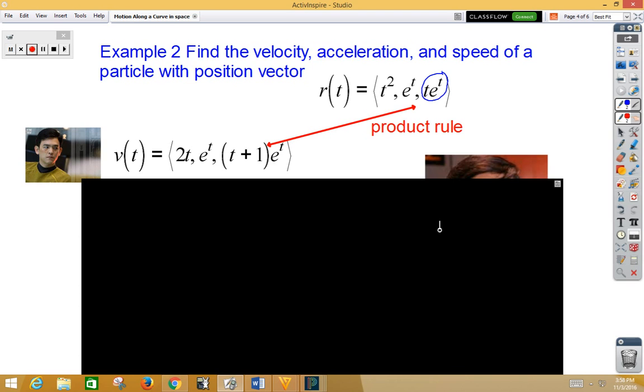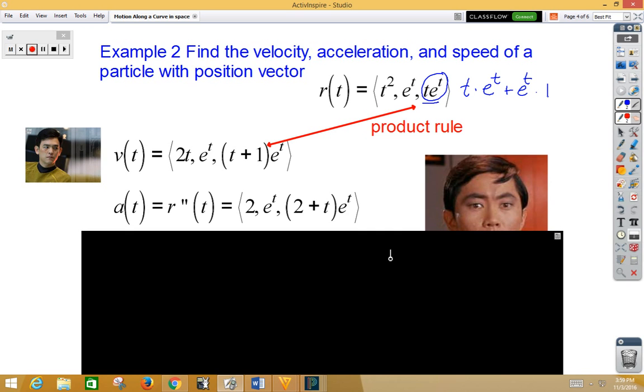Derivative of t squared is 2t. Derivative of e to the t is e to the t. And if we do product rule, we get first times the derivative of the second plus the second times the derivative of the first. We could then factor out an e to the t and get t plus 1 e to the t.